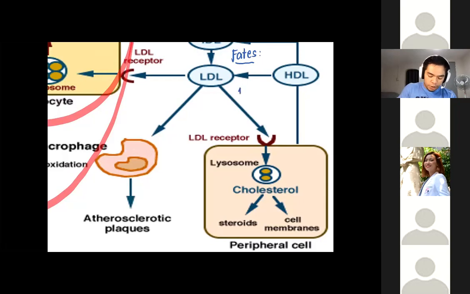So, ito yon, number 1. First fate. Pag ang LDL ay nagawa na, containing cholesterol, the first fate of LDL is that it goes to the peripheral tissues or peripheral cells. Di ba nasabi ko yan sa inyo kanina? This is because LDL binds to the LDL receptor causing endocytosis. Kaya papasok ang cholesterol sa loob ng ating peripheral cells. Now, what's the importance of cholesterol inside our cells? Ang daming importance yan.